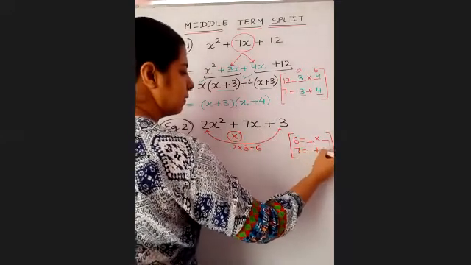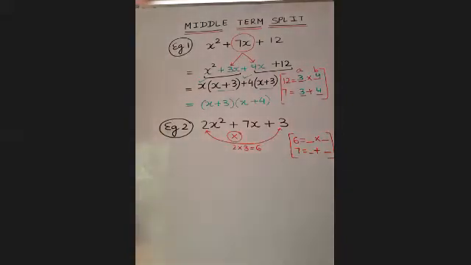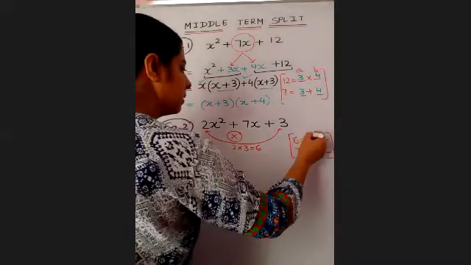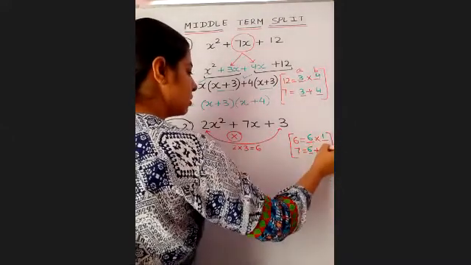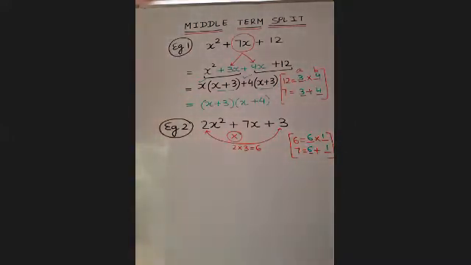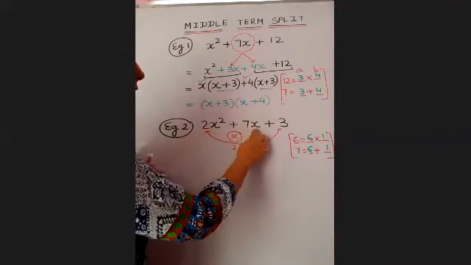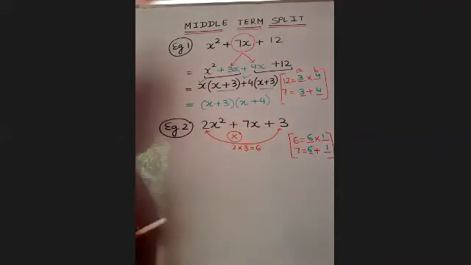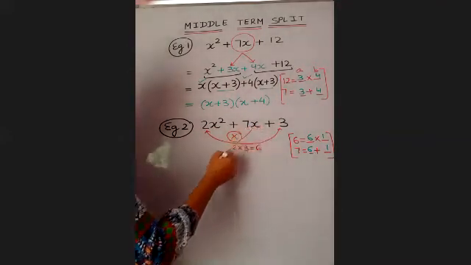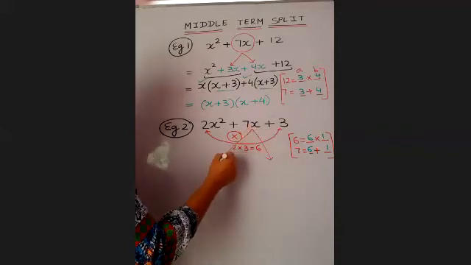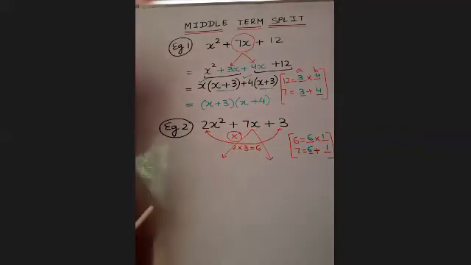Ma'am, 6 multiplied by 1. Right. 6 into 1 is 6, and also 6 plus 1 is 7. Got it? So how are we going to split this 7x? 6x plus 1x.